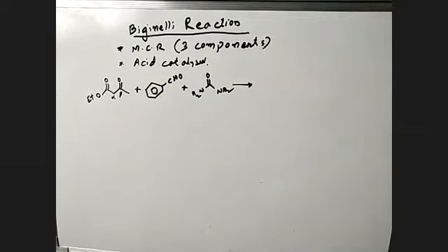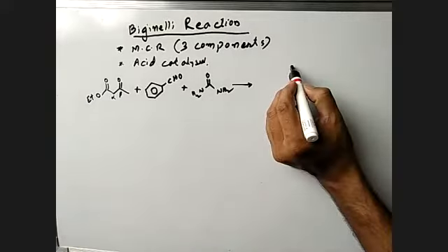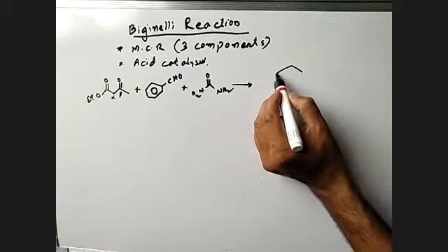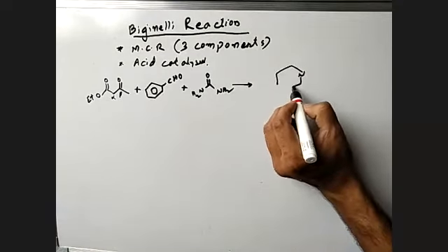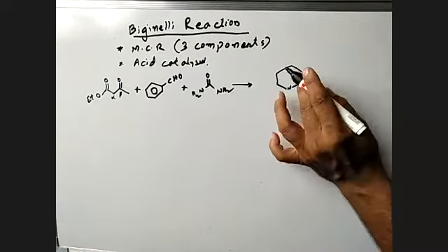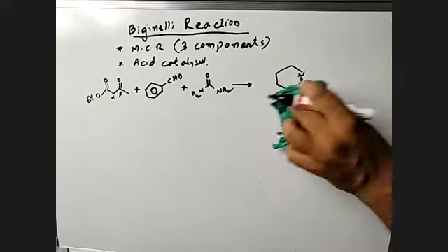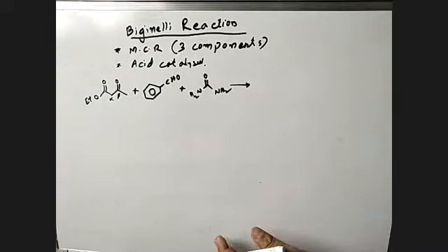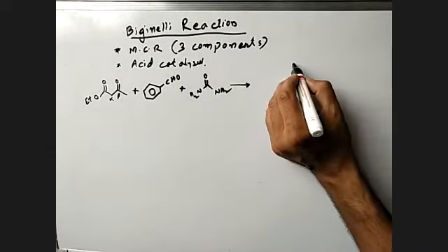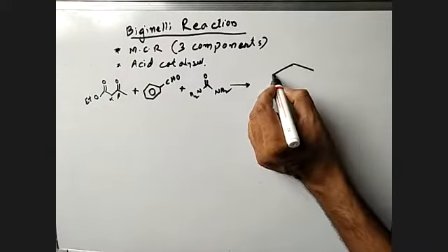The product of Biginelli is of great importance in medicinal chemistry and the pharmaceutical industries. So the product is, see, if you know the heterocyclic compound, this is a pyrimidine type, right? So I will first write the 6-member ring like this for understanding.